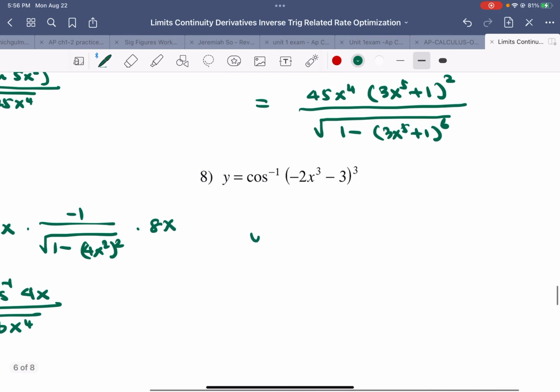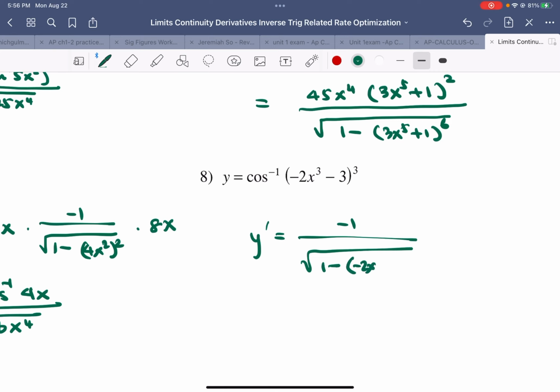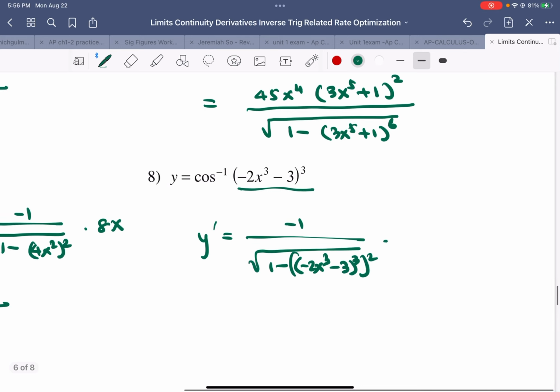Now number 8, when you take a derivative, the inverse cosine derivative is negative 1 over square root 1 minus negative 2x cubed minus 3 squared, times the derivative. That is a power of 3, negative 2x cubed minus 3 squared, times the derivative inside again, that's a negative 6x squared.